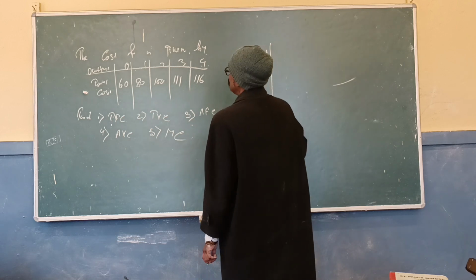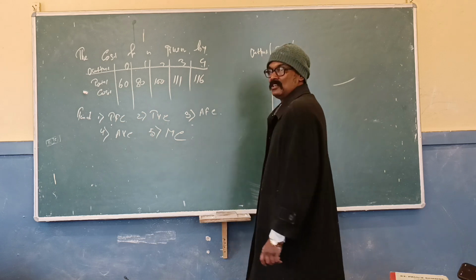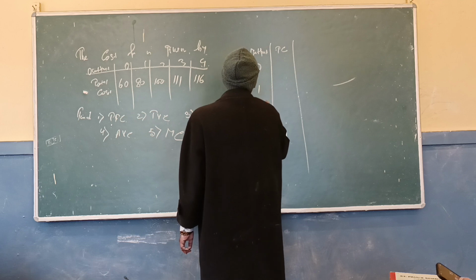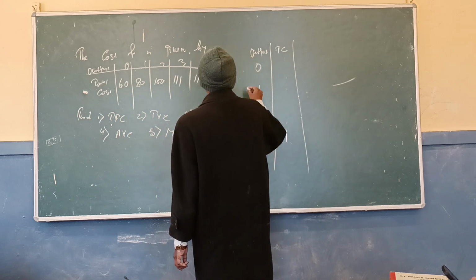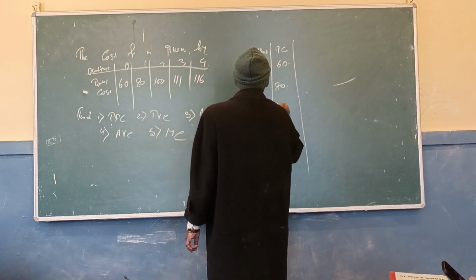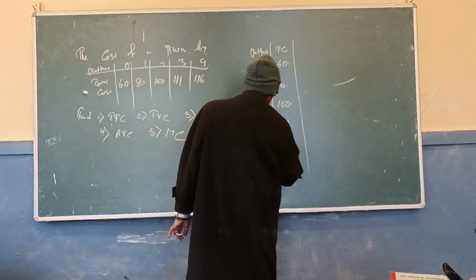Output first, then comes your total cost. Whatever is given, write it. 0, 1, 2, 3, 4, and here it is 60, 80, 100, 111, 116.